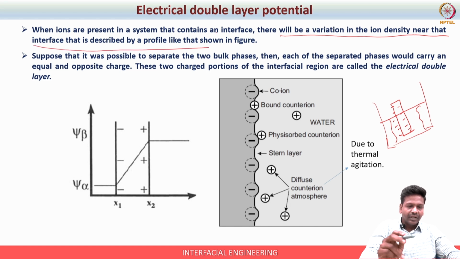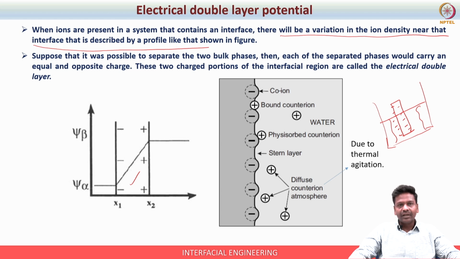The profile of that will vary something like this. That is exactly what we call an electrical double layer.